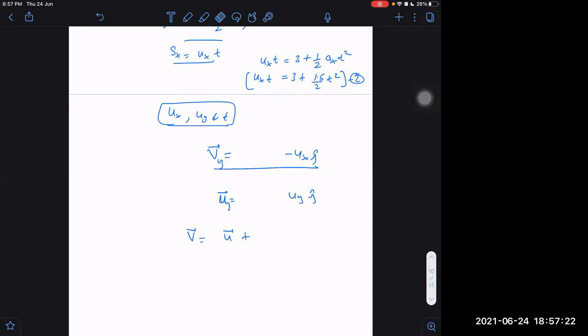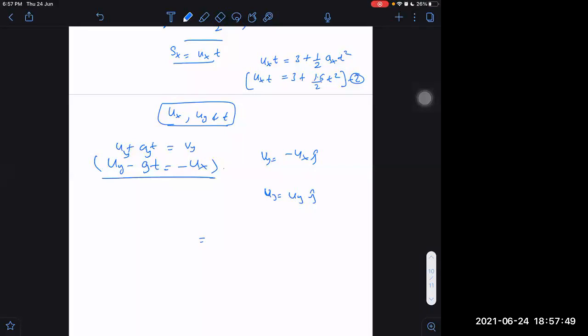For that only the relation is enough. Vy is this and uy is this only. So we have a relation: uy minus g into t is equal to minus ux. Because I'm writing u plus at, a into t is equal to vy. This is another equation we are having.